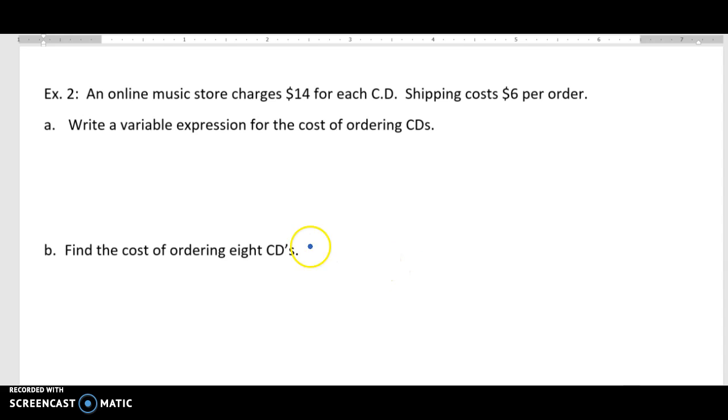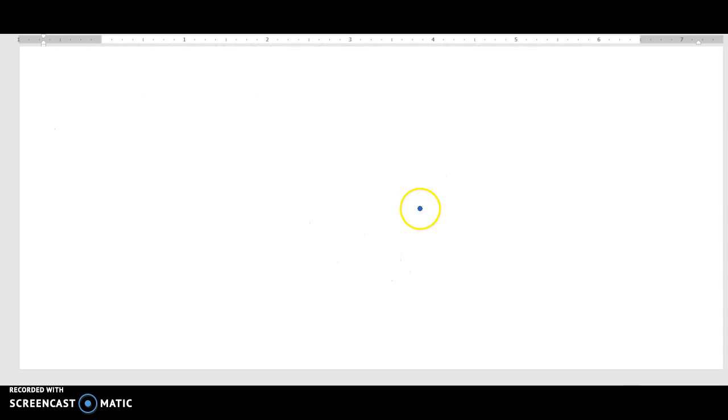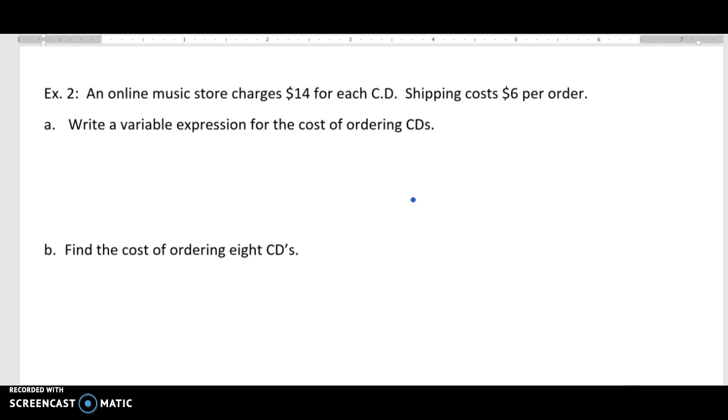Pause the video and try example 2 on your own. So example 2, an online music store charges $14 for each CD. Shipping costs $6 per order. Write a variable expression for the cost of ordering CDs. So the cost, if you think about it, is equal to how much are you paying for each CD? $14.